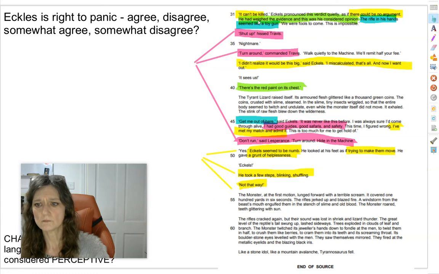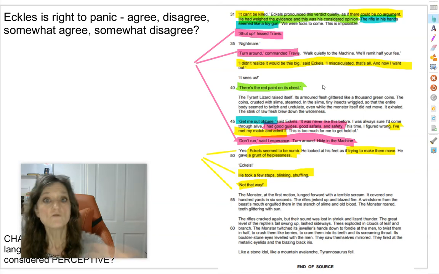However, go down to the next thing that I have highlighted in green. There's the red paint on its chest. Remember, it's a time machine from the blurb in the box. So this T-Rex has already been marked out by the time traveling team for destruction. It's got red paint on its chest.